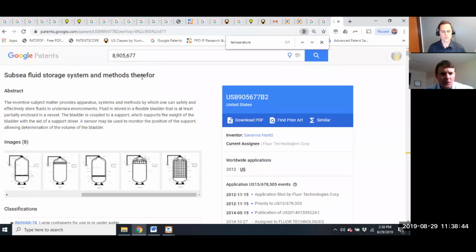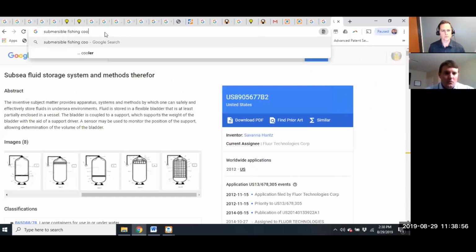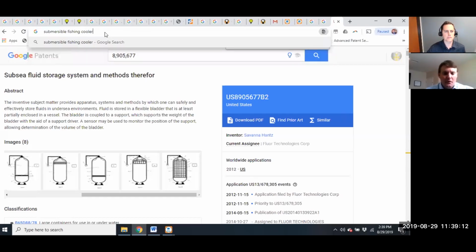So let's go. It's also important, and this happens a lot with inventions that are commercial products, that part of a patent is establishing novelty.